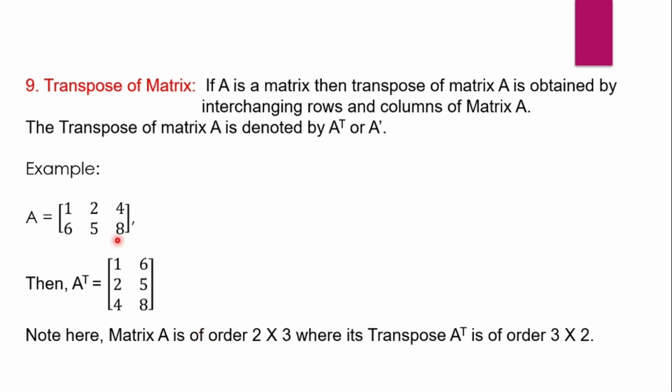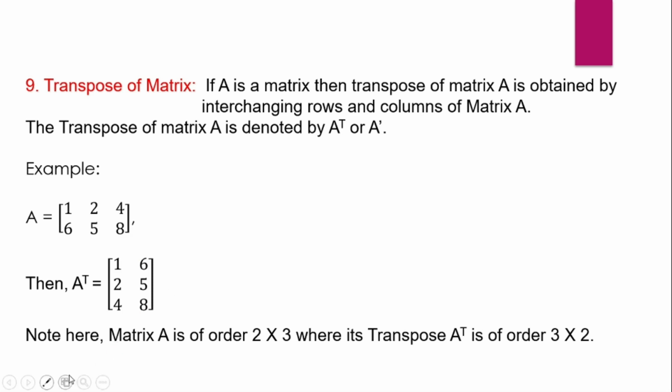The point to be noted is that whenever we transpose any matrix, its order also gets switched. For example, in this particular matrix, A is of order 2 cross 3. When I transpose it, it becomes of order 3 cross 2.